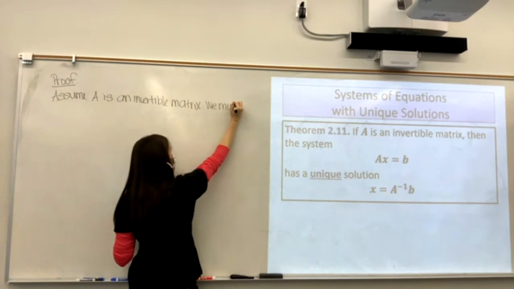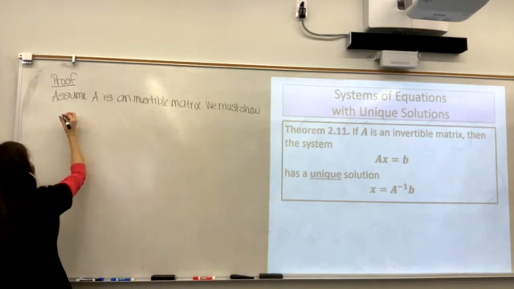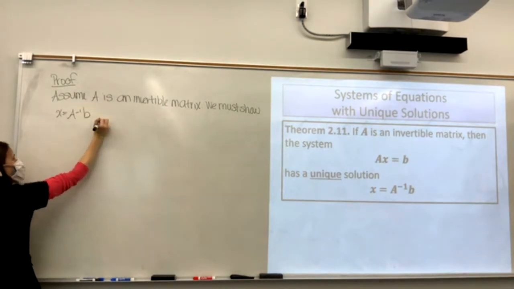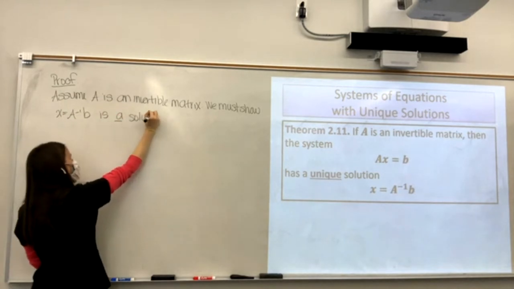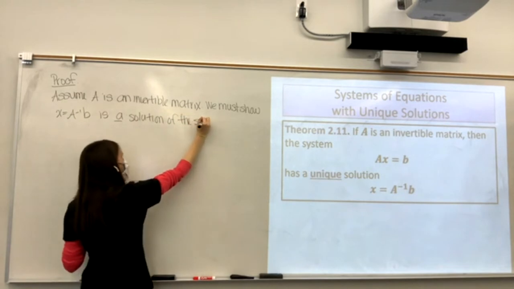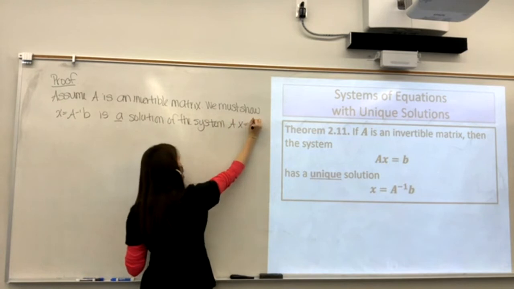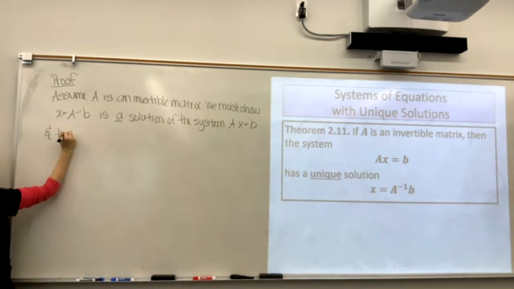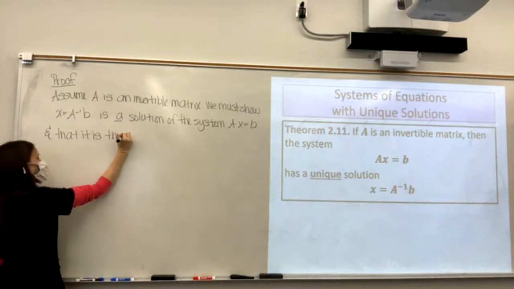We must show that X equal to A inverse B is a solution of the system AX equals B, and that it is the only solution.